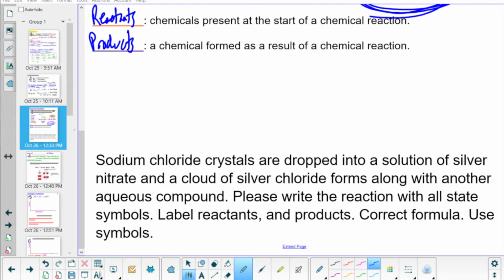Yeah, you're fixing that as well, so there you go. We just call them all state symbols.